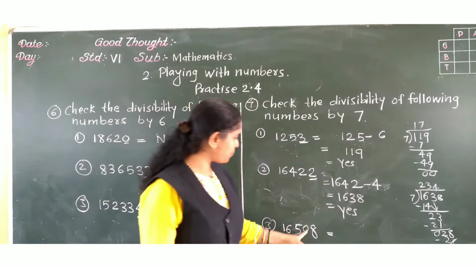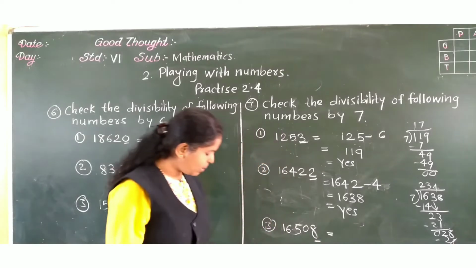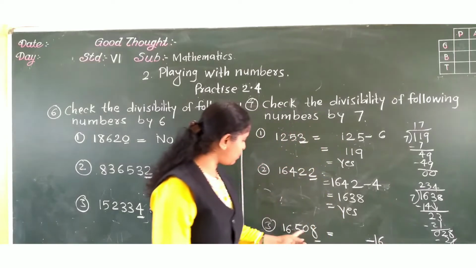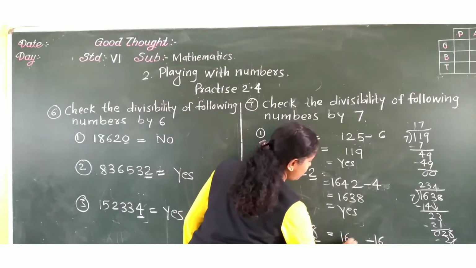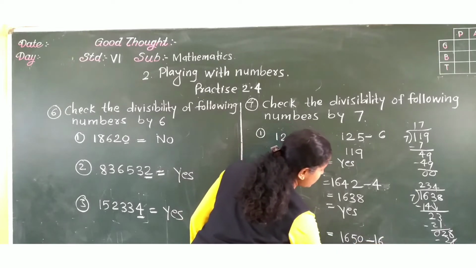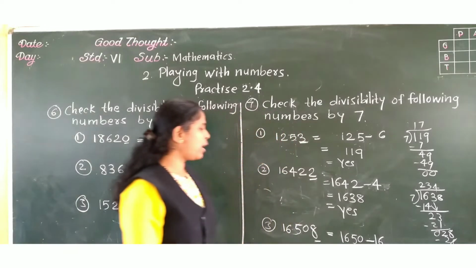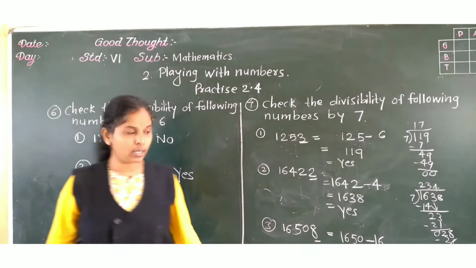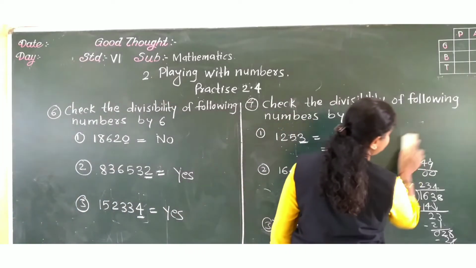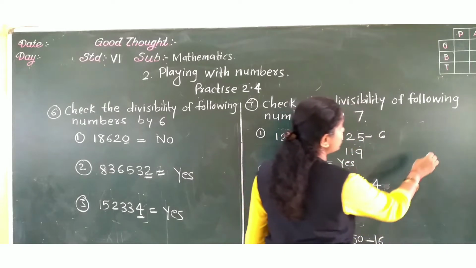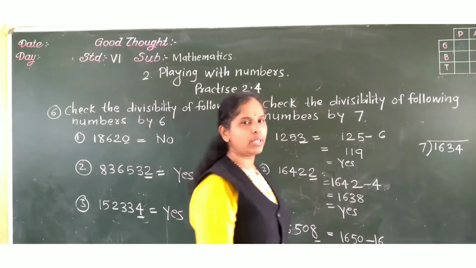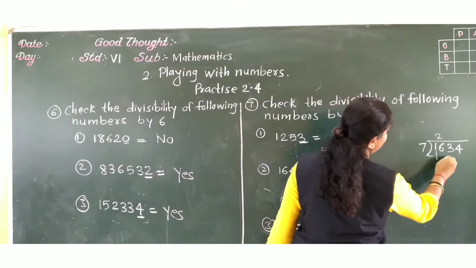Okay. Now next, the last digit is 8. So double it. 8 plus 8, 16. And we have to subtract this from 1650. Now 10 minus 6 is 4, and 1634 is the result. We have to check whether we can divide 1634 by 7 or not. So 1634 we have to divide by 7. 7 2s are 14.